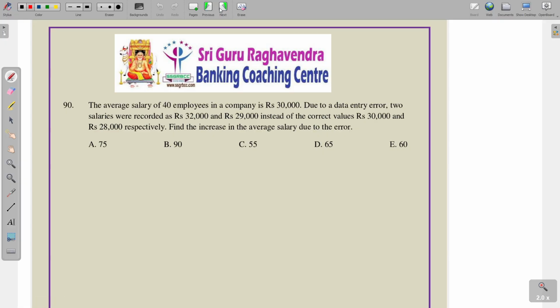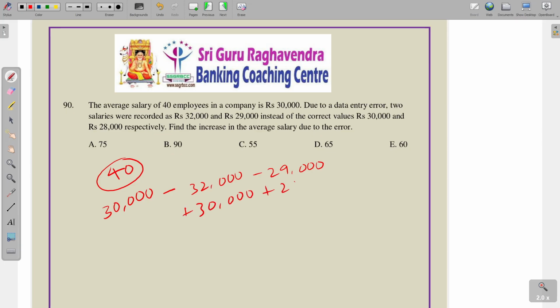Next question: the average salary of 40 employees is 30,000. Due to a data entry error, 2 salaries were recorded as 32,000 and 29,000. These are the error values, instead of the correct values, that is 30,000 and 28,000.